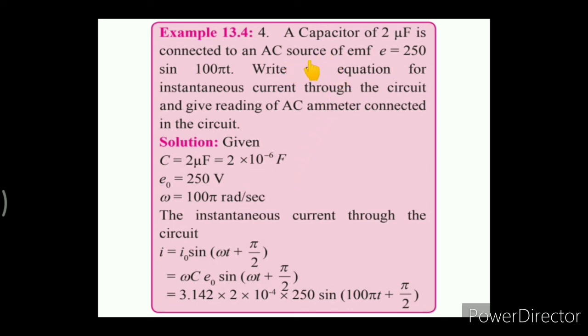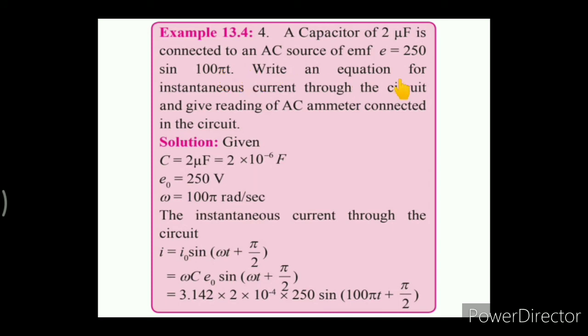Then next, given the source EMF, E is equal to 250 sine 100 pi t. That means the value of the EMF is of the form E is equal to E0 sine omega t.